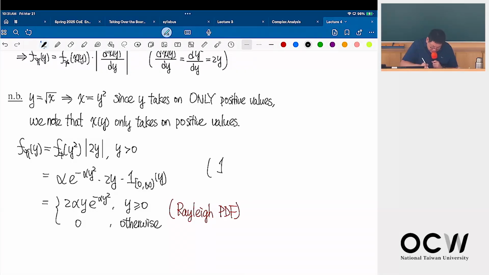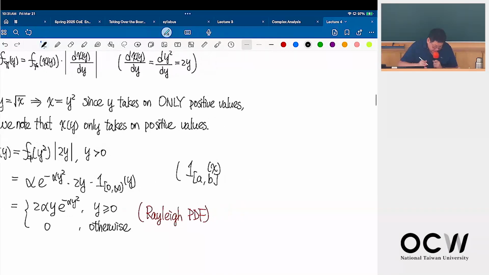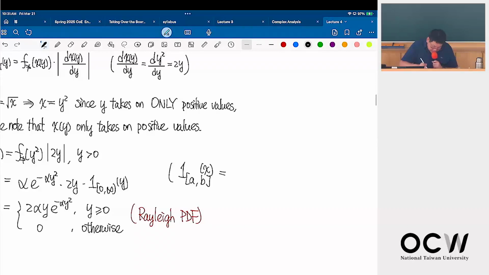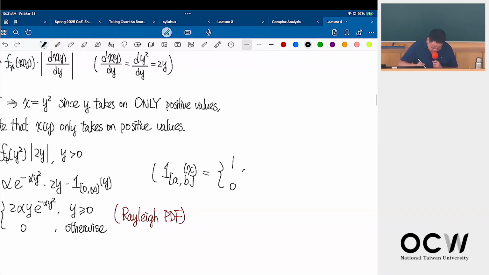If we say indicator 1 from A to B of x, that means either 1 or 0. You have 1 when your x is between that region A and B. Otherwise, it should be 0.